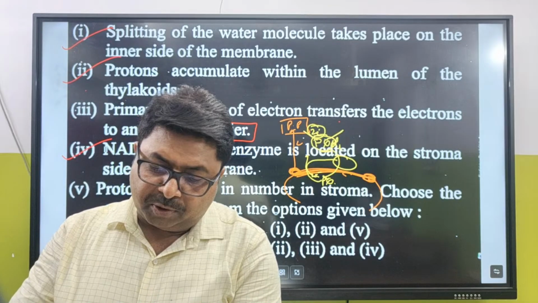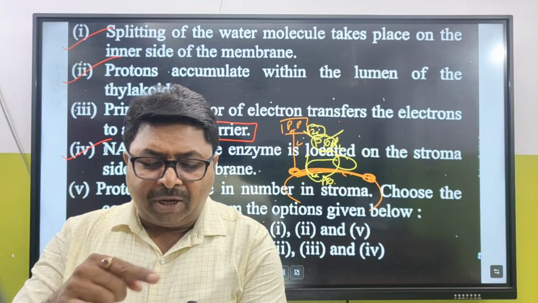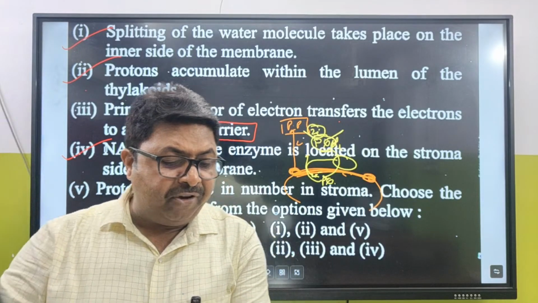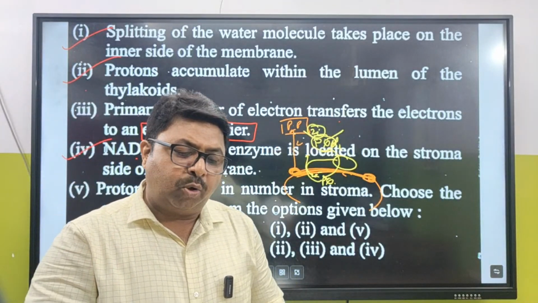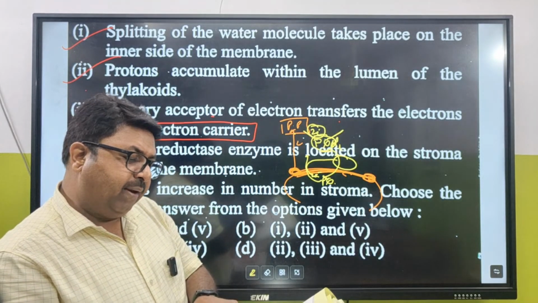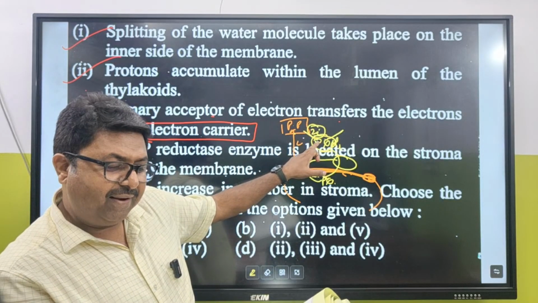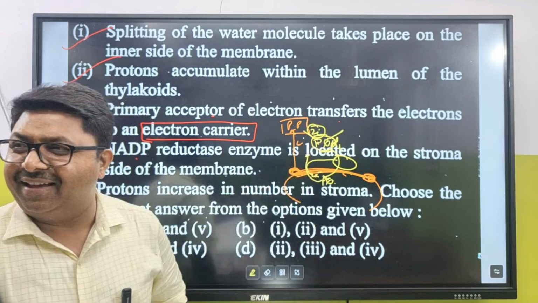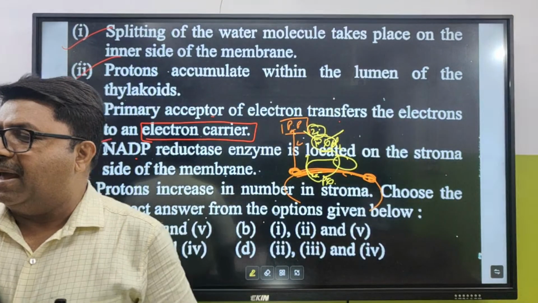Second point of chemiosmosis, what is written? As electrons move through the photosystems, protons are transported across the membrane. This happens because the primary acceptor of electron, pheophytin, located towards the outer side of the membrane, transfers the electron not to an electron carrier, but to a hydrogen carrier, PQH2. Look at it carefully. Chemiosmosis is a very, very strong point.